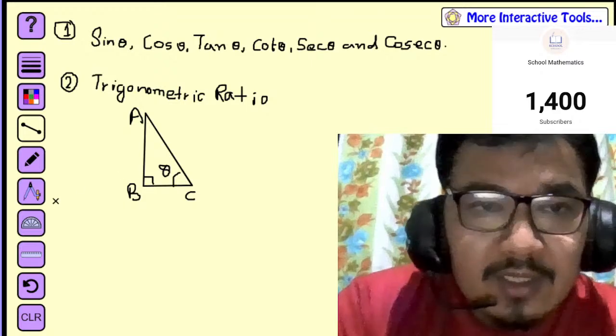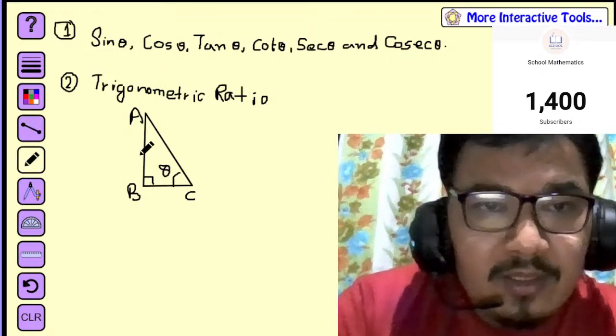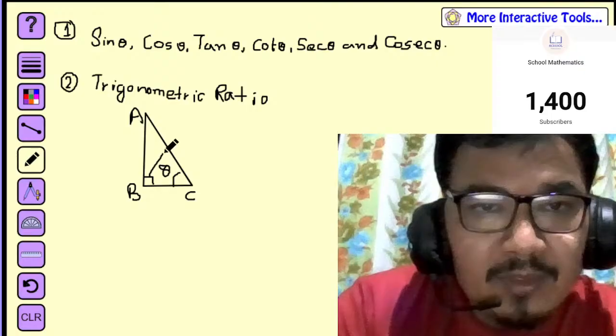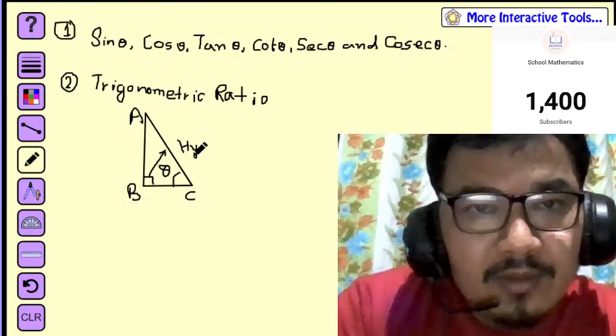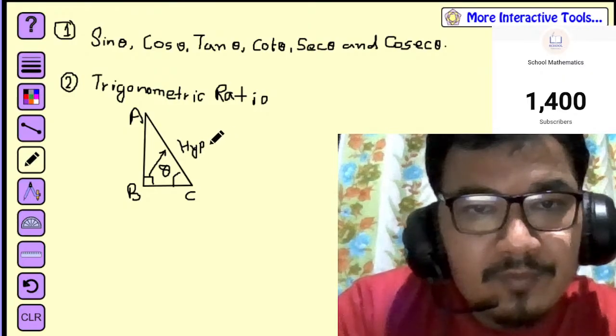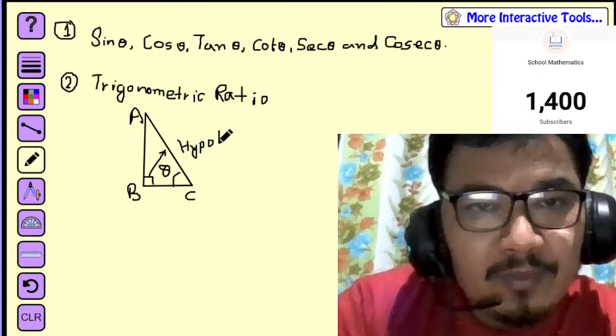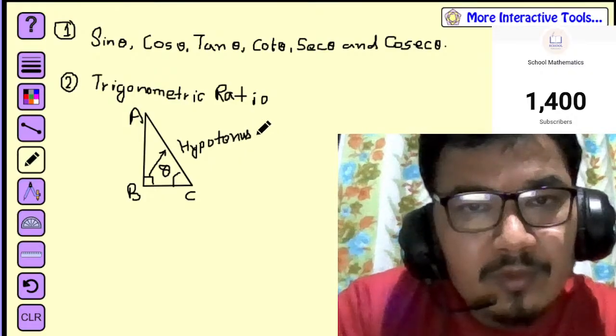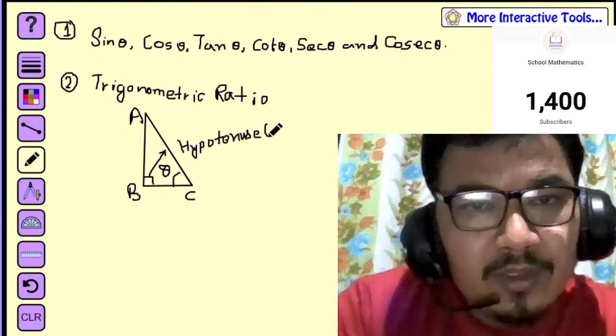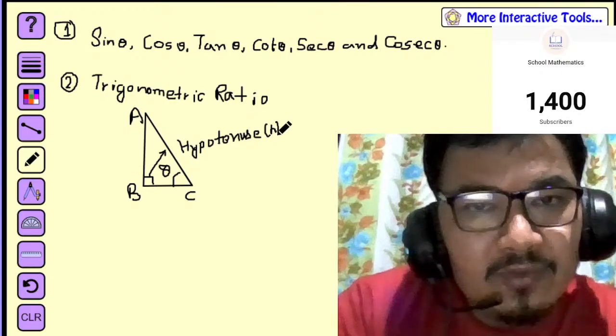I just told that the side opposite the 90 degrees is the hypotenuse, right? This is the hypotenuse, and we denote it by small h, right?